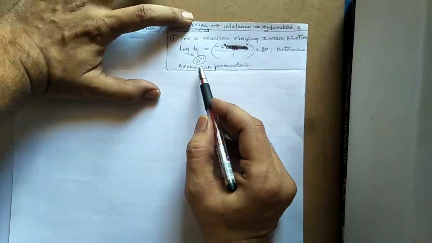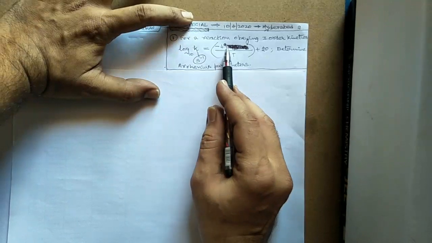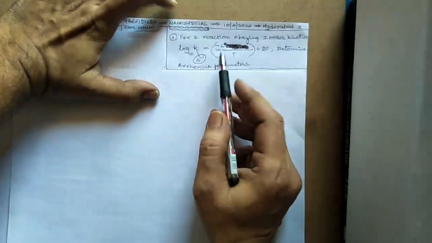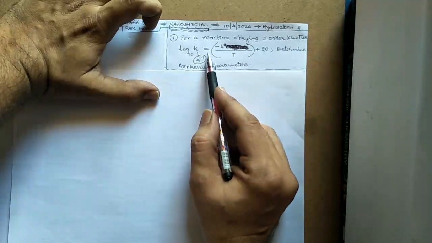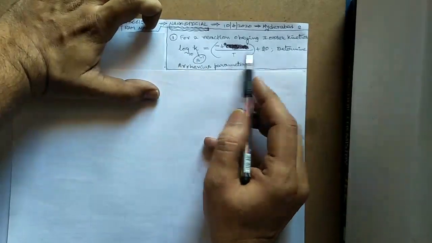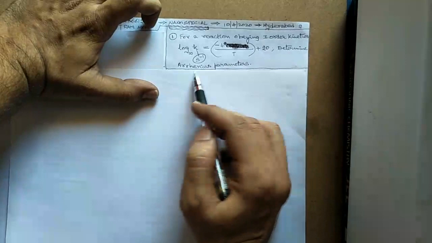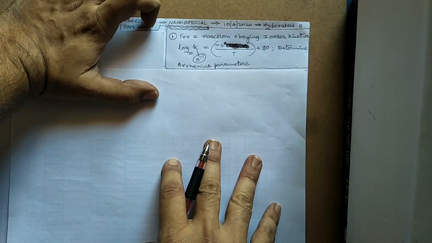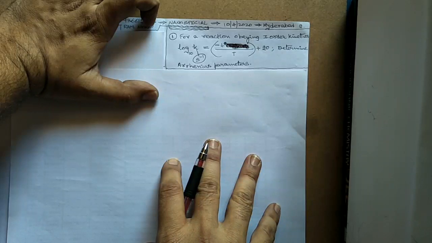Log k to base 10, where k is measured in per second, is equal to minus 40 by T plus 20. Log k to base 10 is minus 40 by T plus 20. Determine Arrhenius parameters.